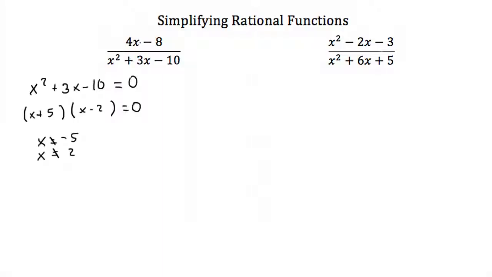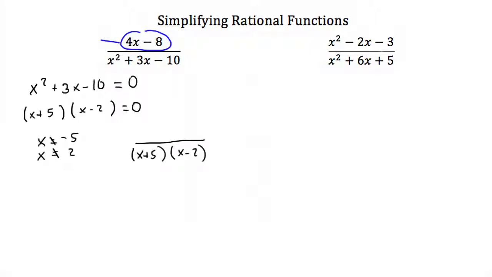Now to simplify this, I'm going to leave my denominator in the factored form. So my denominator is still going to look like x plus 5 times x minus 2. Now my numerator, this 4x minus 8, I'm going to take out a greatest common factor of 4.